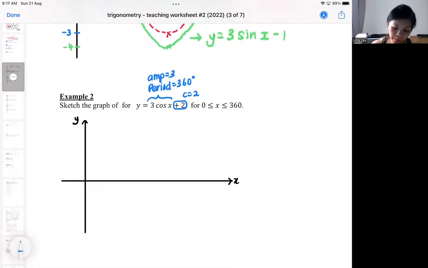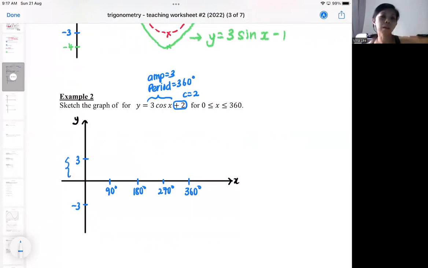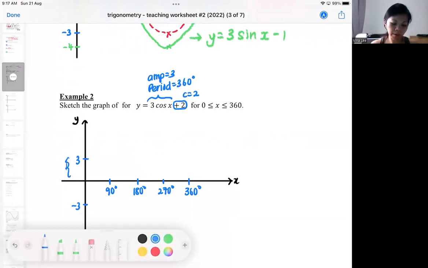I'm going to divide the period by 4. So that's the first step. And the amplitude will tell me that is 3 or minus 3. Okay, please do some measurement. So at least maybe you calculate like this one can be 1.5 centimeter on your sketch.